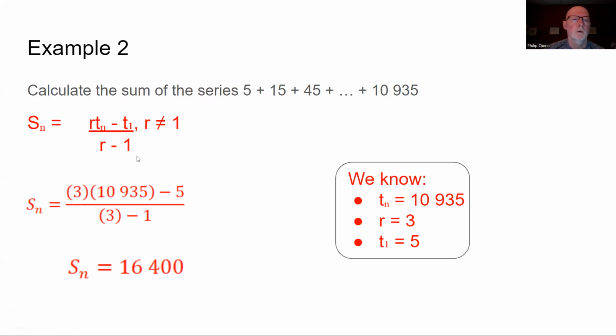The first term's 5, so we'll subtract 5 right here, all over the common ratio minus 1. So we do the substitution, and now just the order of operations on the numerator. We're going to multiply, subtract, and then divide that answer by 2. Okay, so our sum would be 16,400.